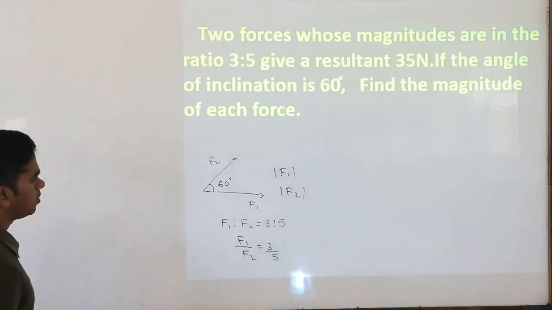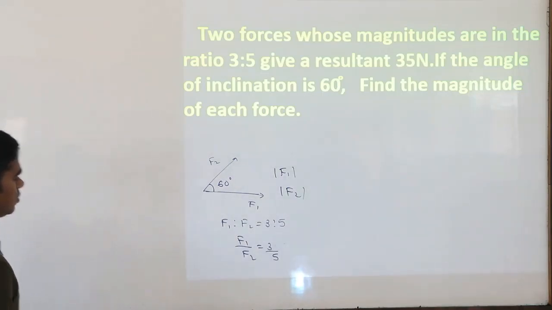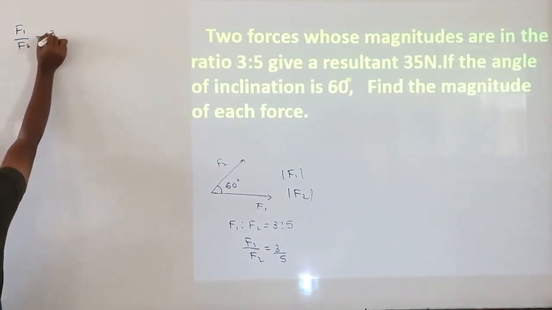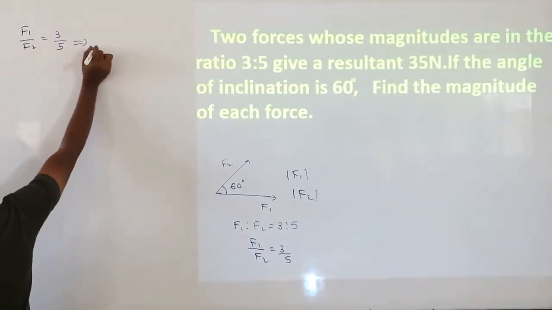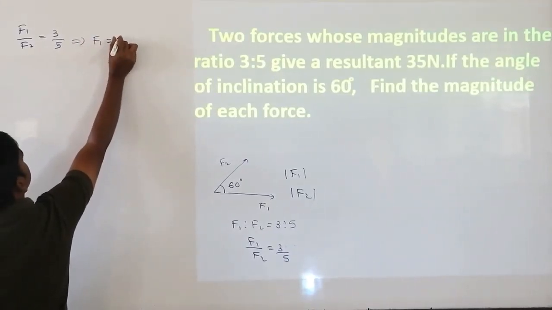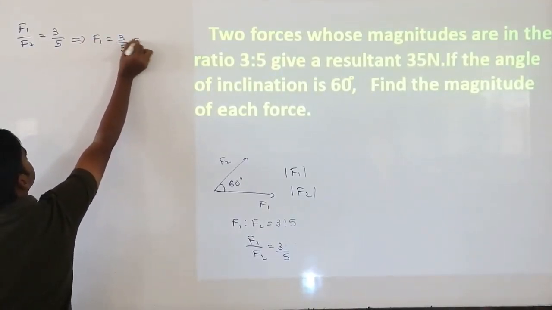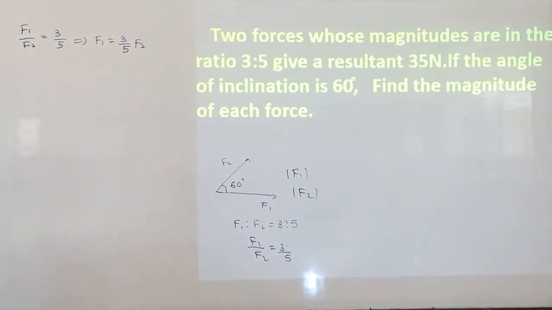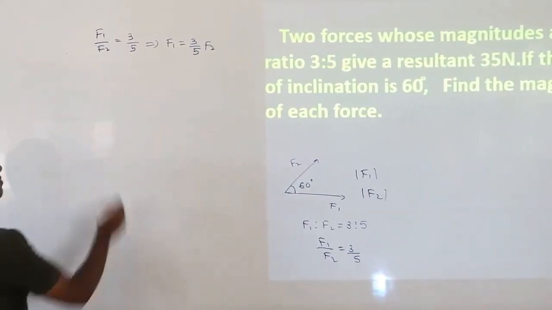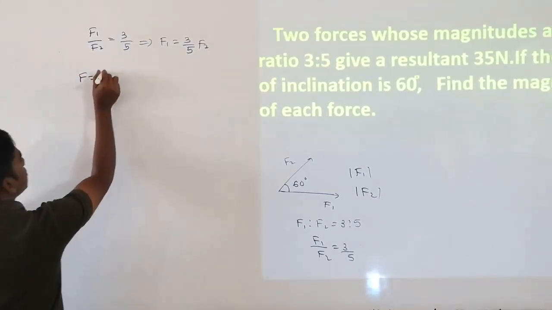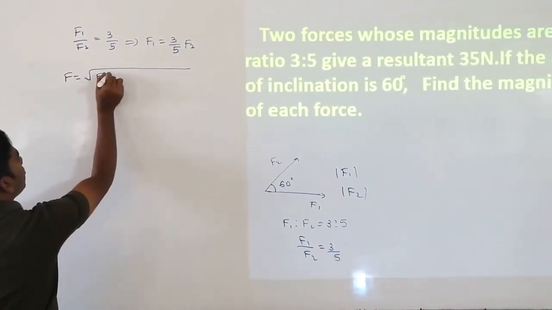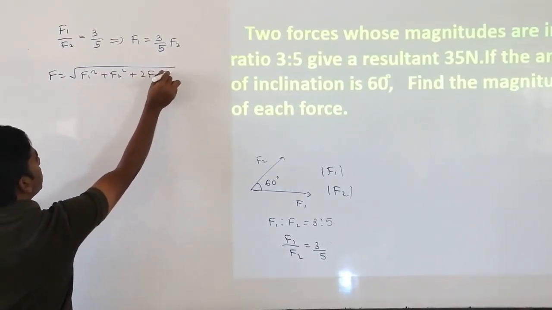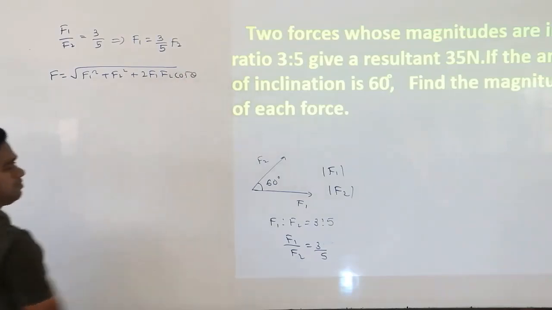So how can we do this one? Let me take F1 divided by F2 equals 3 by 5. It means that F1 is equal to 3 by 5 times F2. In place of F1 you can write 3 by 5 F2. So how can we find the resultant? Resultant is the square root of F1 square plus F2 square plus 2 F1 F2 cos theta.